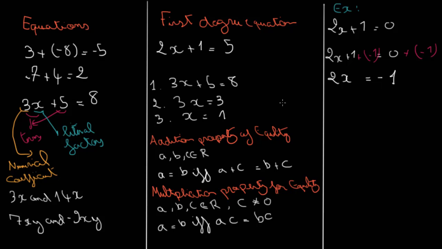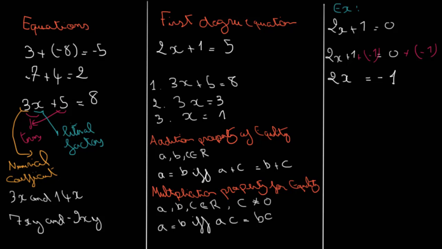Now, what is the next step? Here I used the first property. The second step to get the next equivalent equation is by using the second property. What is the number that I would multiply 2x by to get just a variable, to get x?